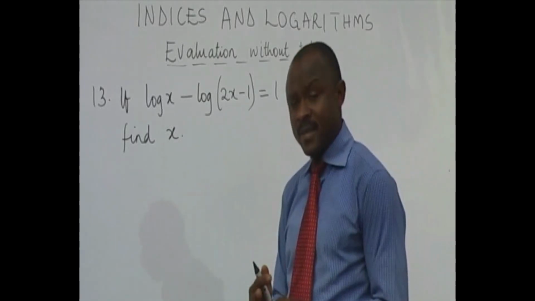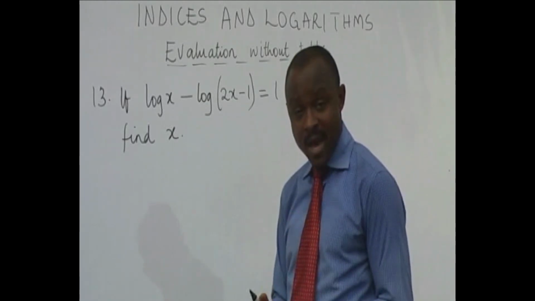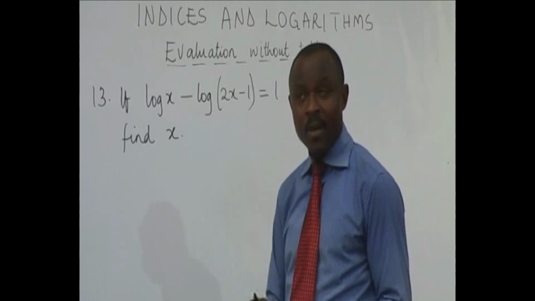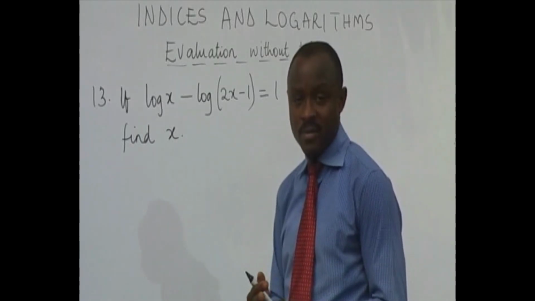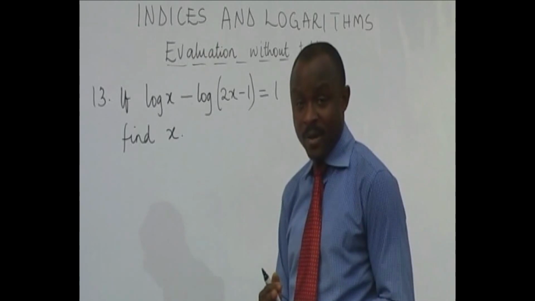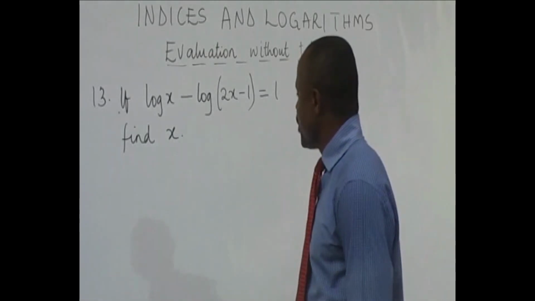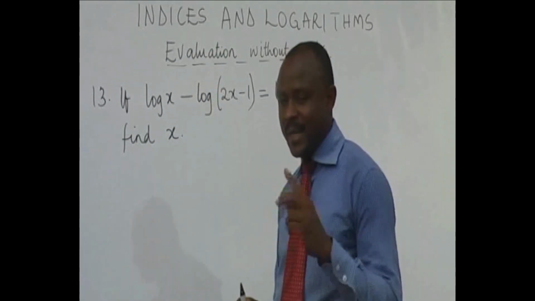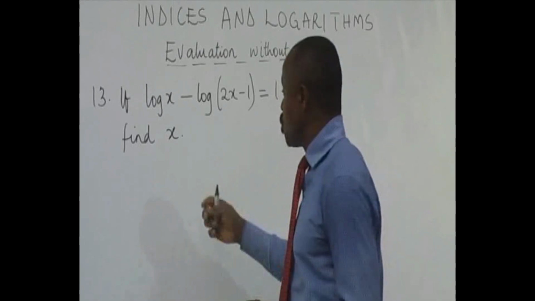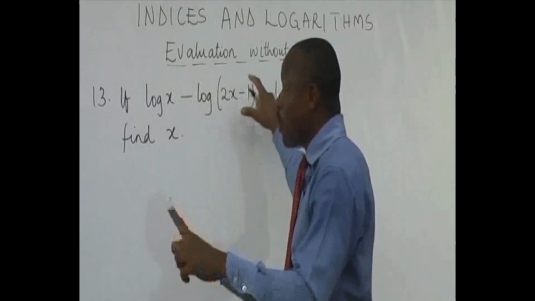We'll keep finding x. If they cannot pay us here for finding x for them, God will pay us. So let's find x for them here. In this case, let's apply the second law of logarithms to simplify this.